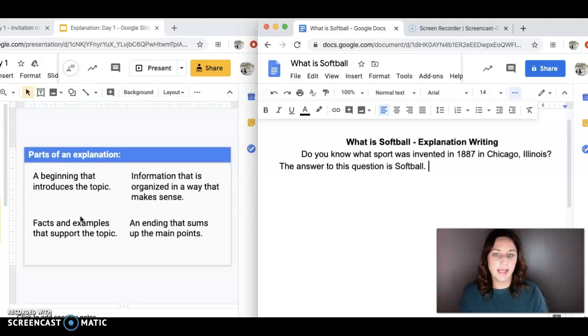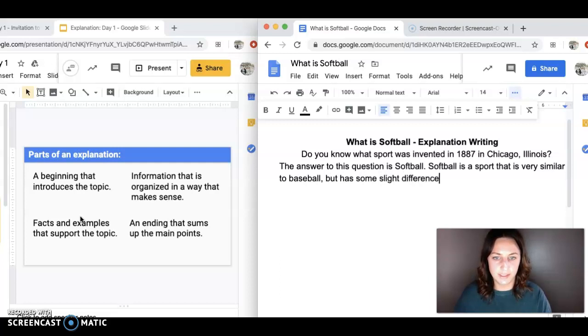Next, I am going to talk a little bit more about softball, and I'm going to relate it to baseball because maybe my reader has played baseball. So, softball is a sport that is very similar to baseball, but has some slight differences.